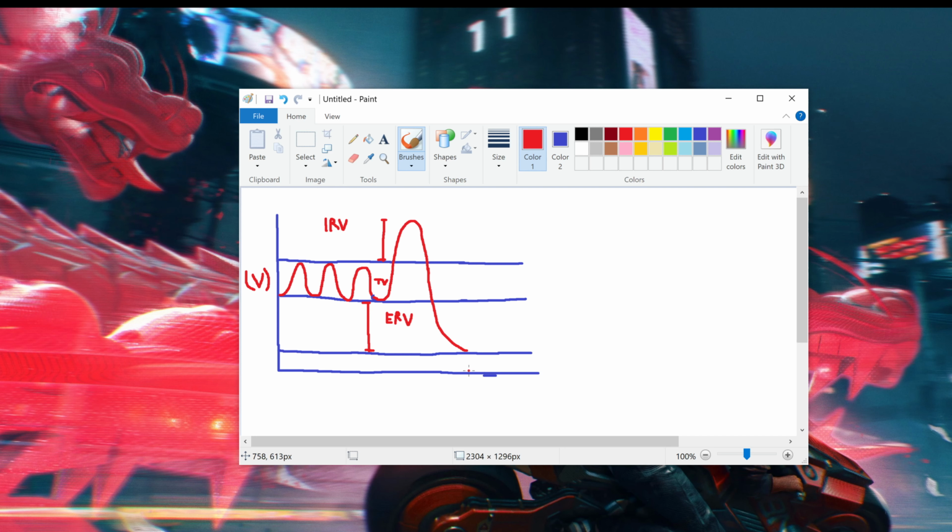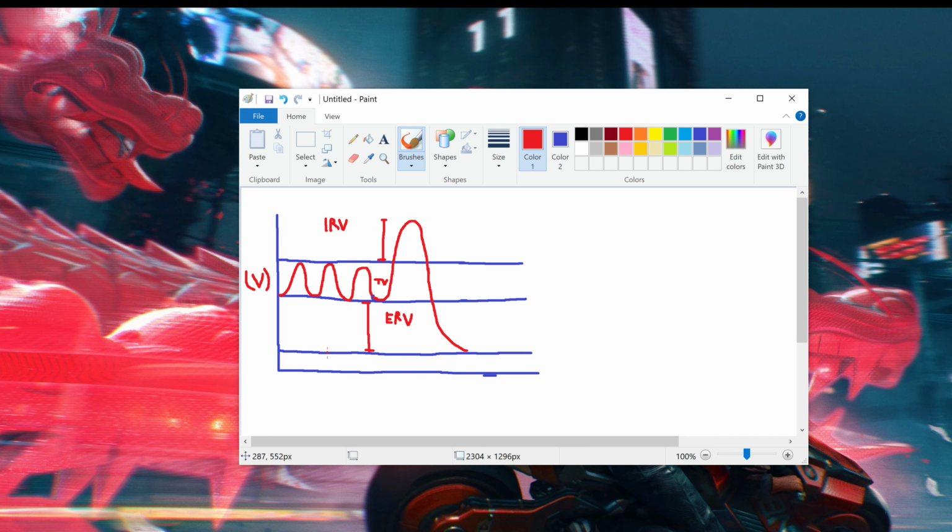This is expiratory reserve volume. It is the amount of air that can be exhaled forcibly. Like you can deeply breathe in and you can deeply breathe out. That's the amount of air that you forcibly release from your lungs. The normal value is around 700 to 1200 ml. That's expiratory reserve volume.